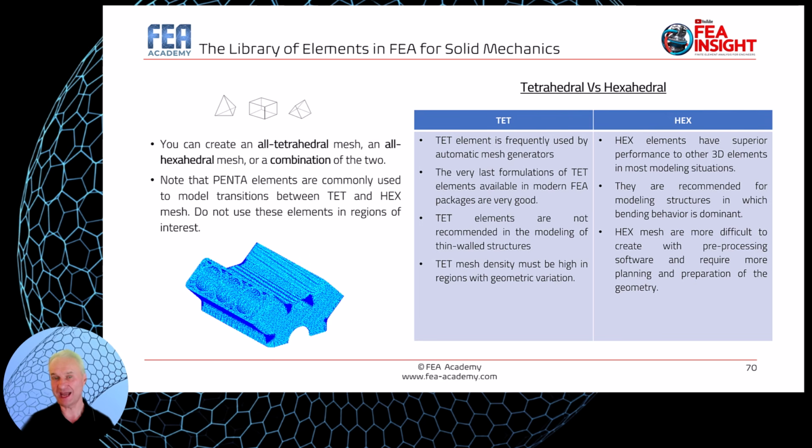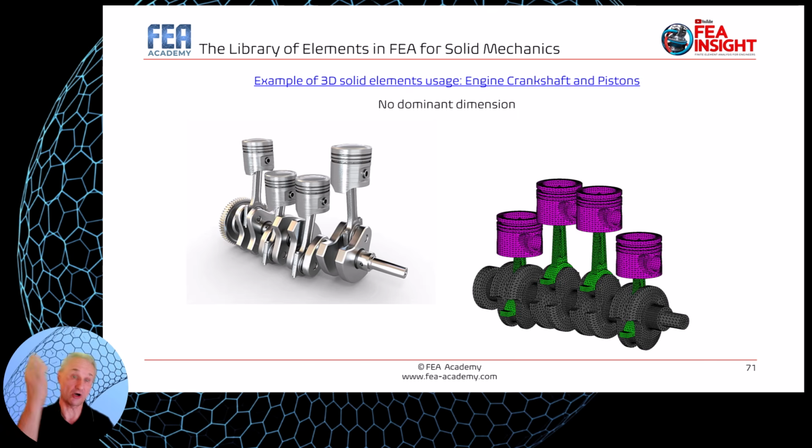The problem with the hex element is that it is difficult to create a mesh with hex elements with the modern pre-processing software, and creating a hex mesh requires more planning and preparation of the geometry. It is time consuming.